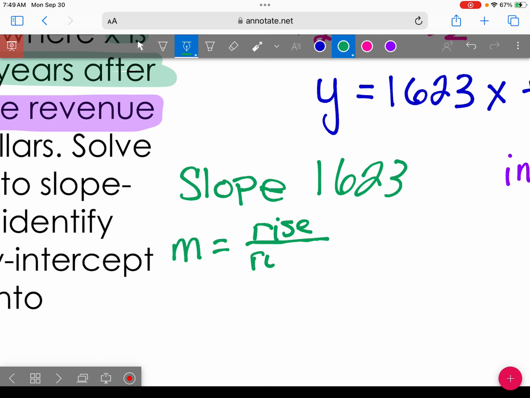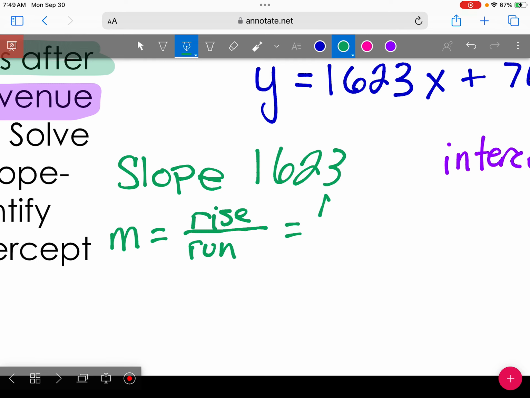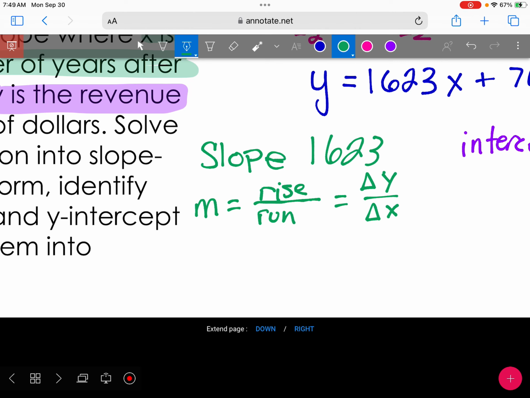If you've done physics, you've seen this. The triangle means change in my y's over the change in my x. So if y means revenue, this is the change in revenue.